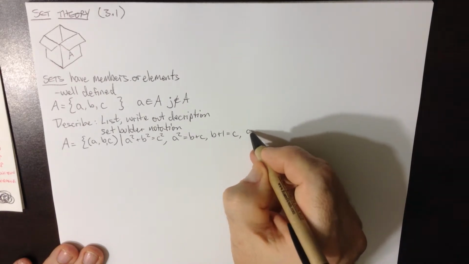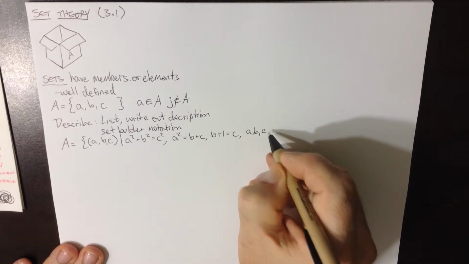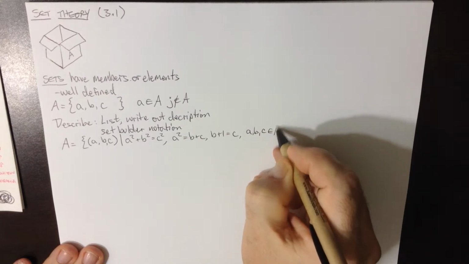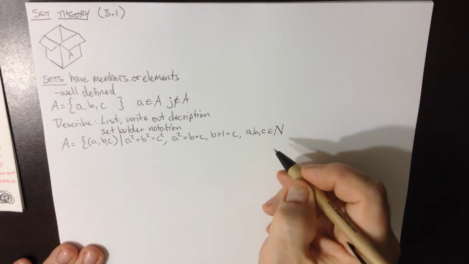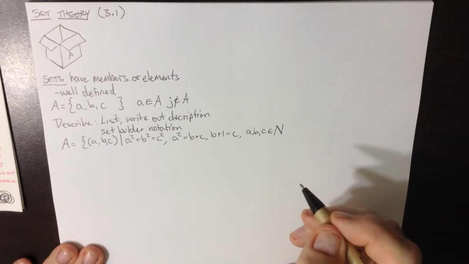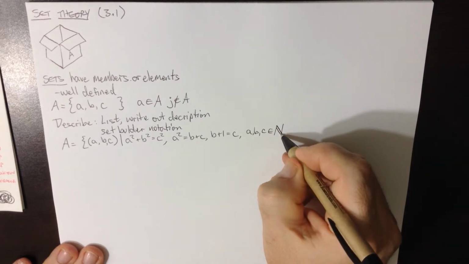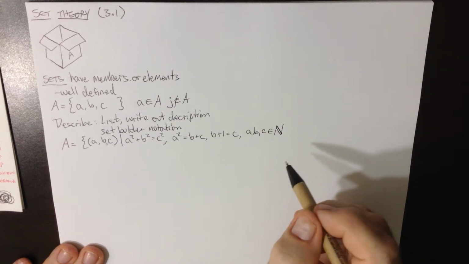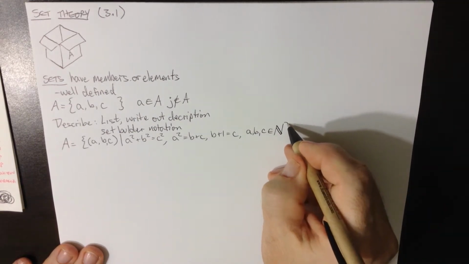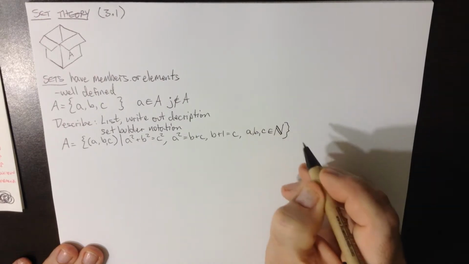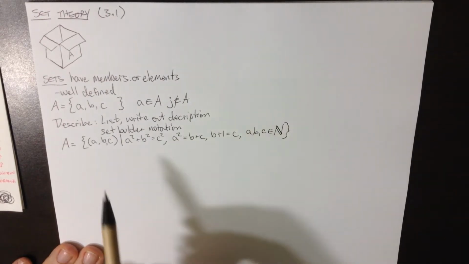We need to make sure we understand that a, b, and c are elements of, what is that? Check out the end of this section. You'll see a table where it defines these reserved capital letters that represent the different sets of numbers. This is the natural numbers. I want you to think about what this set is.